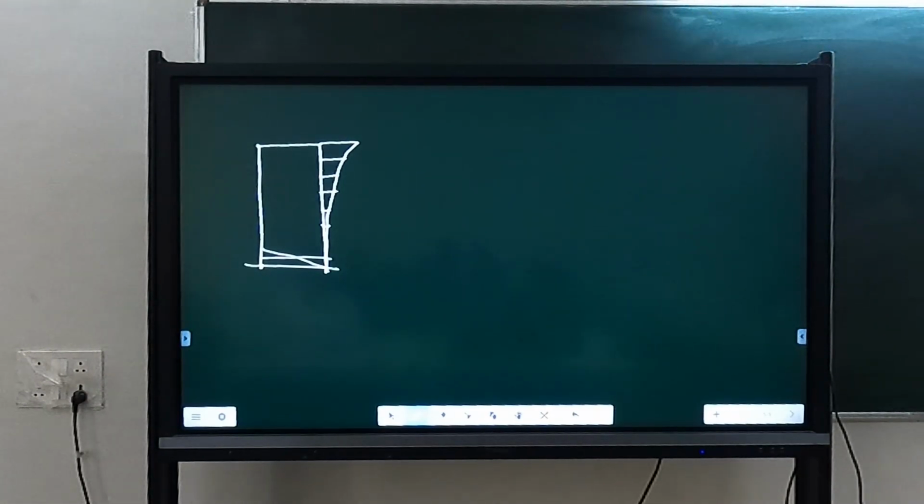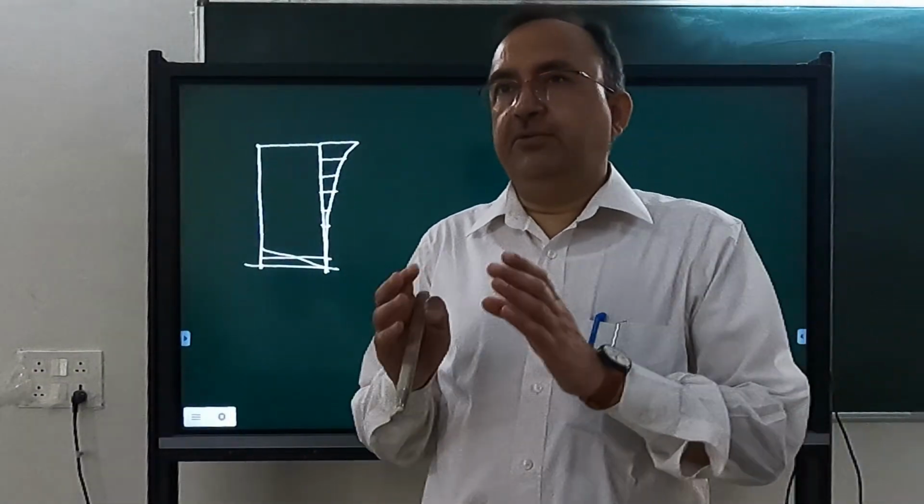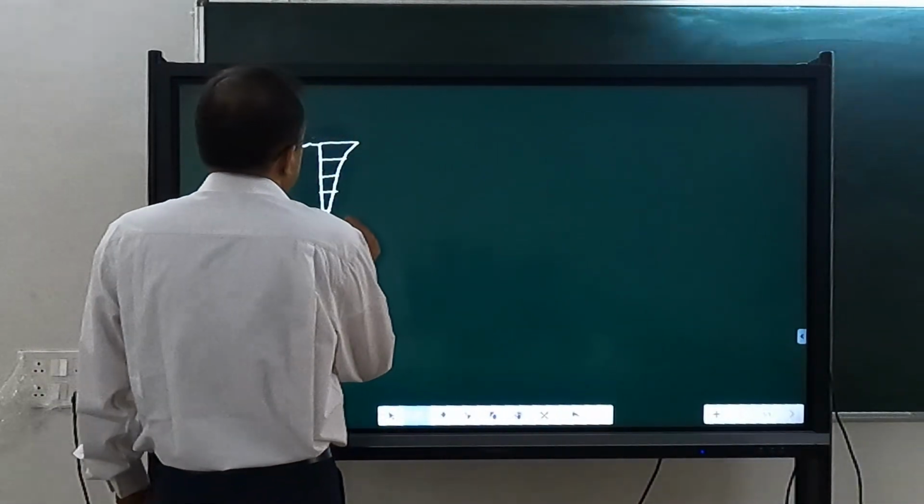Because theta C, you have to calculate theta C. This point is very small. So, this is the first part.